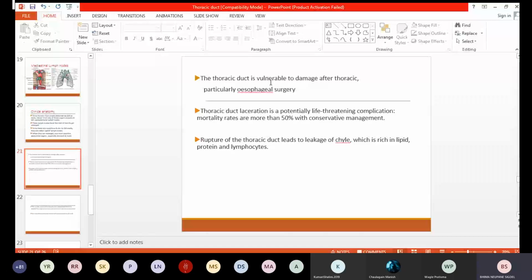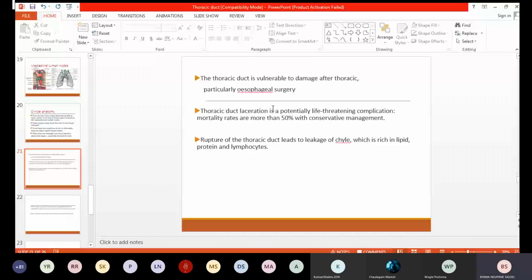Because there is very much chance of laceration, which may lead to a life-threatening condition of the person and is very difficult to manage. It is mentioned as 50%, a high rate of mortality even after conservative management. That is a 50% chance of mortality.